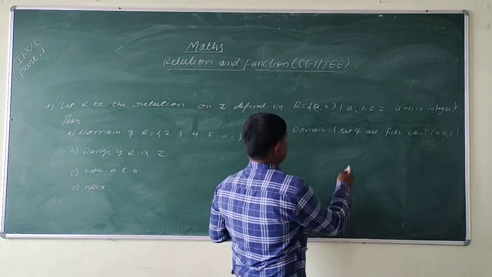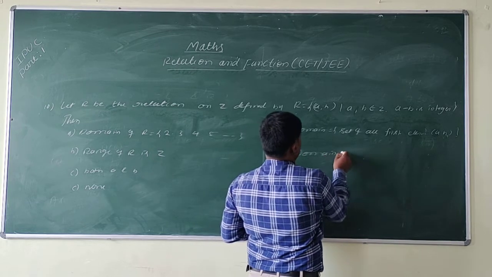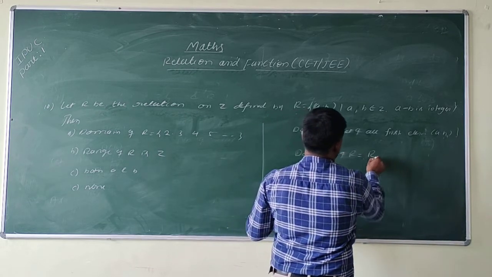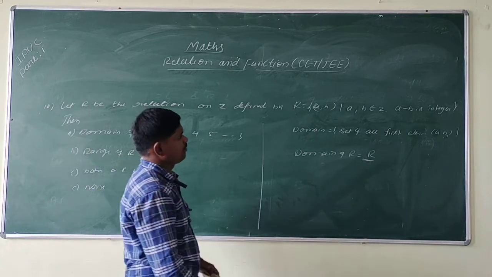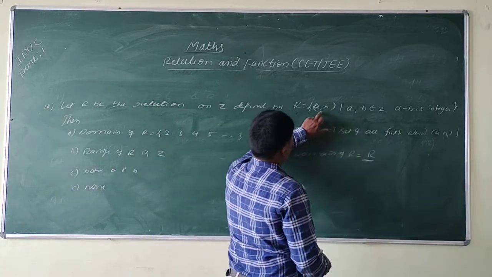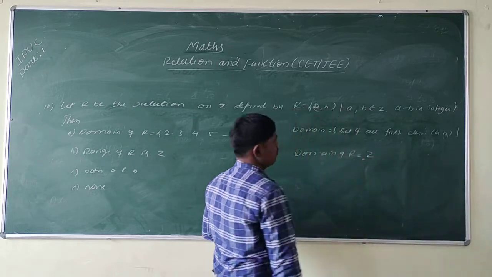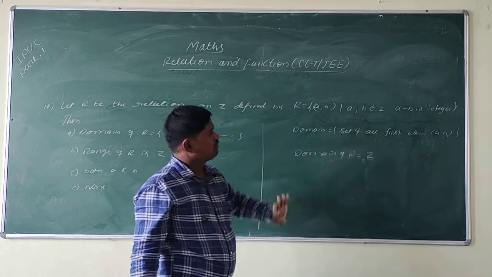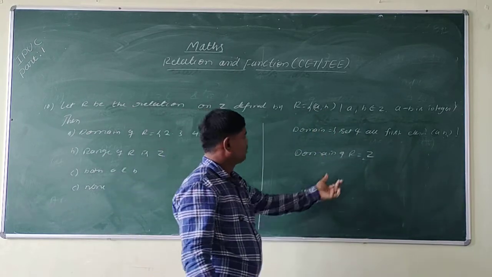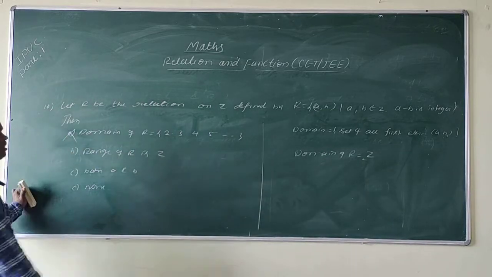So the domain of R is the set of all real numbers, whatever numbers we put. Here Z is the set of all integers, and we can put any integer into this. So option A is not the answer.